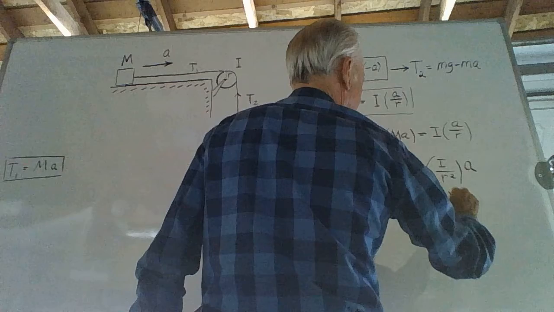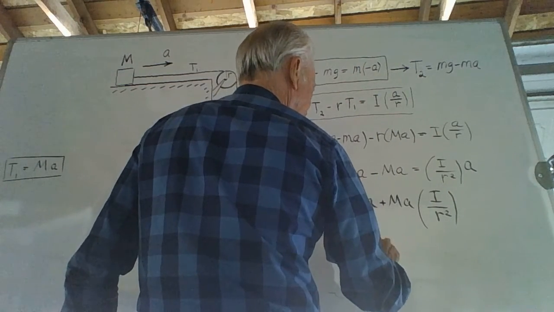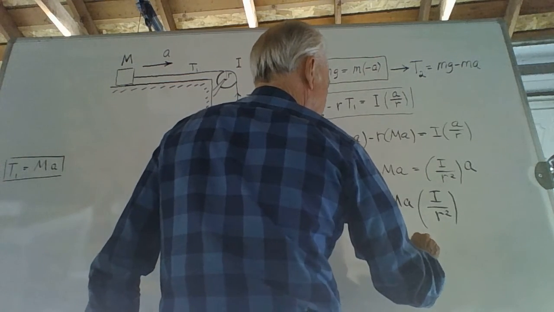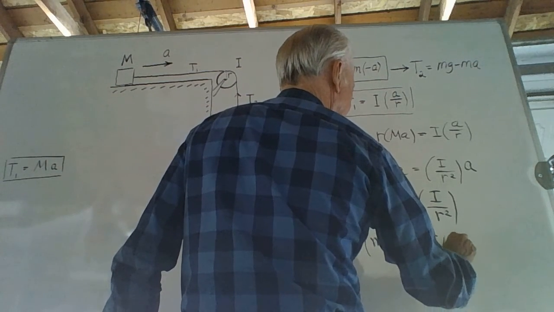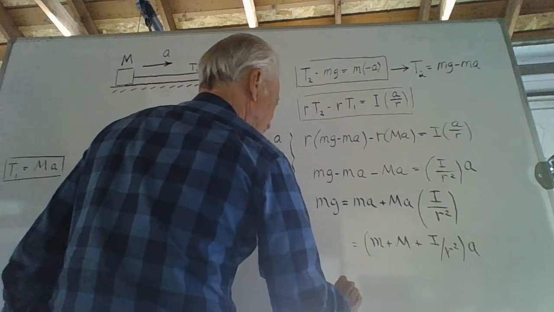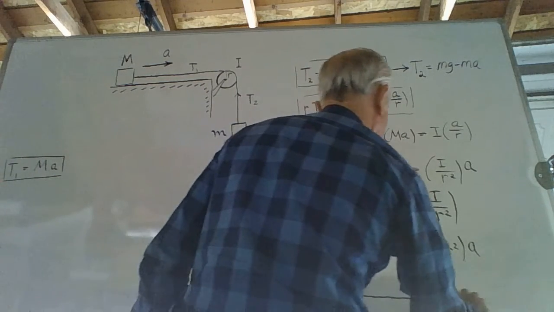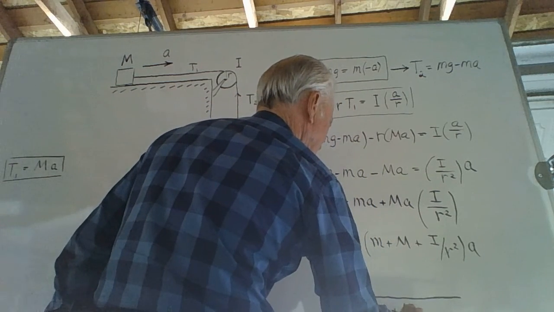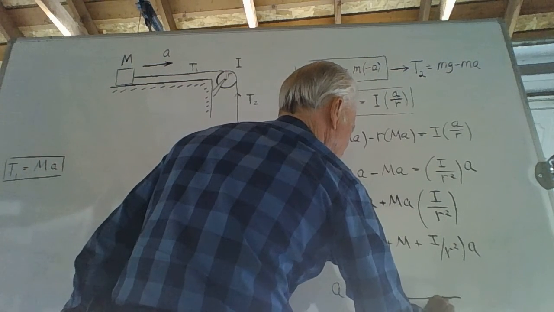Almost done now. On the right side, I'll factor out the A: lowercase m plus uppercase M plus I over R squared, all times A. The final result is that A, the acceleration, equals mg divided by the denominator lowercase m plus uppercase M plus the ratio I over R squared.